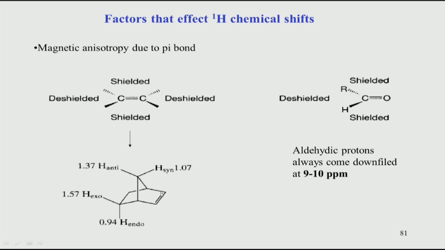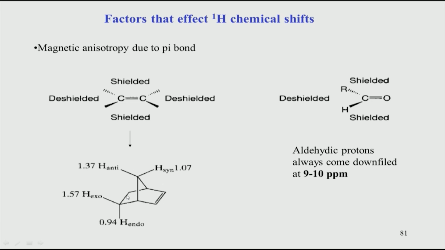We see there is a pi bond here, and this hydrogen atom comes right on top of this pi bond, and therefore comes into the shielded zone. There its chemical shift value is 1.07, which is relatively upfield shifted compared to a hydrogen here, which is downfield shifted because it is away from this.